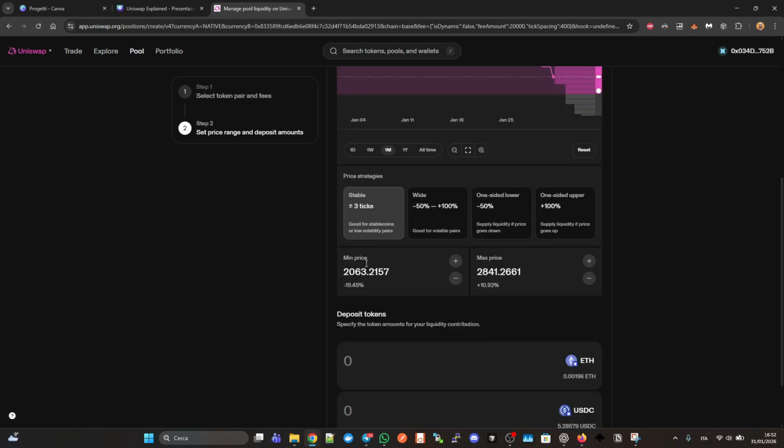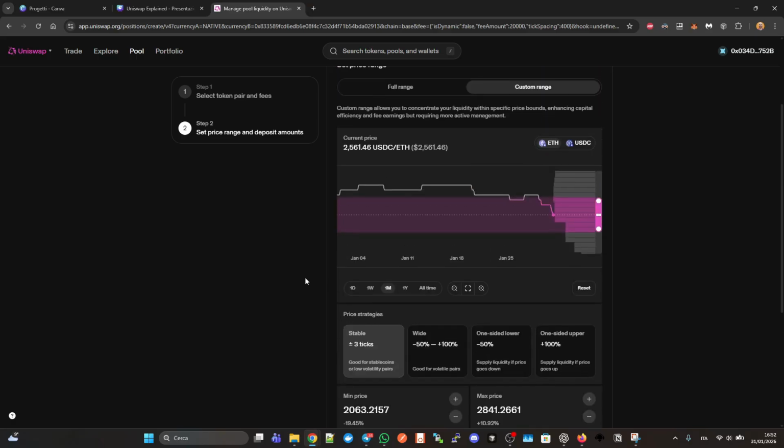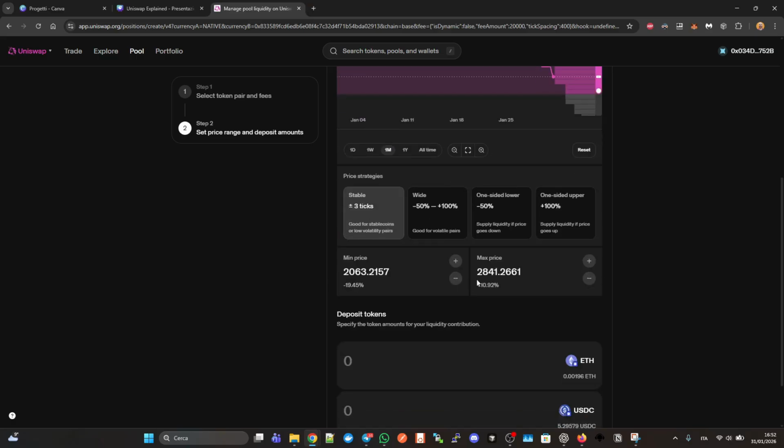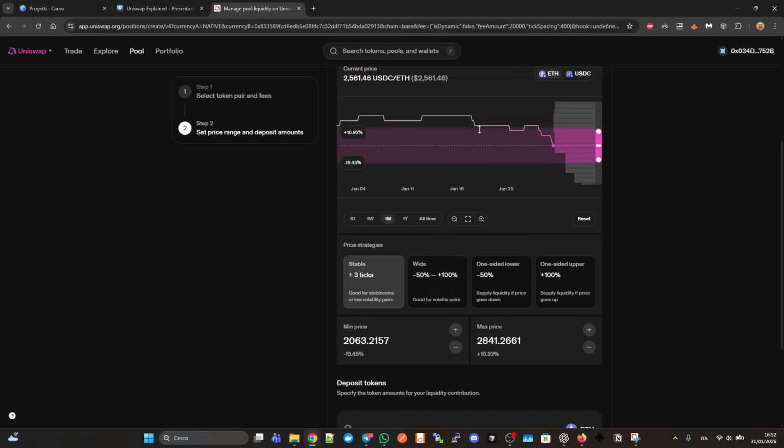So here the minimum price is 2,000 more or less, and here the maximum price is 2,800. So there is a minus 20% here and plus 10% more or less. So basically, if the price of Ethereum is in this range, we are earning. So here, if it goes out, we will not earn anything. So we can choose here.